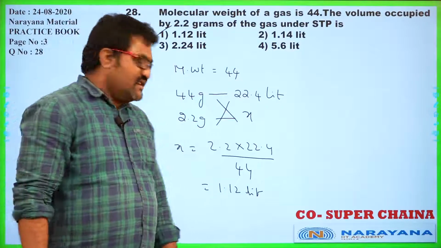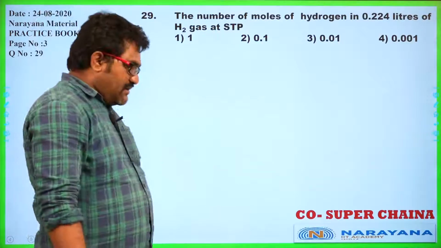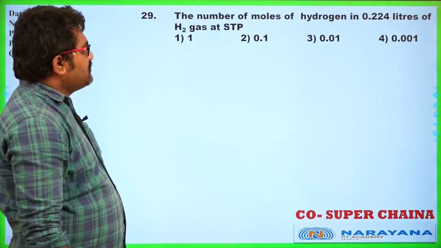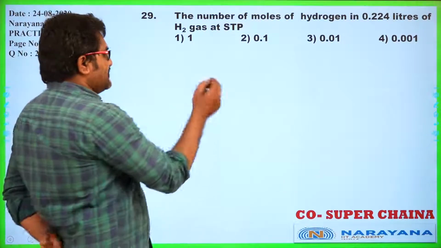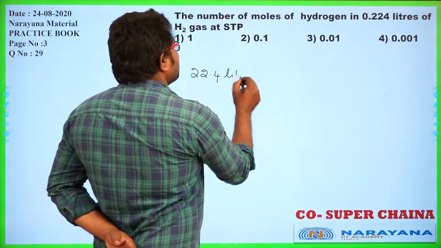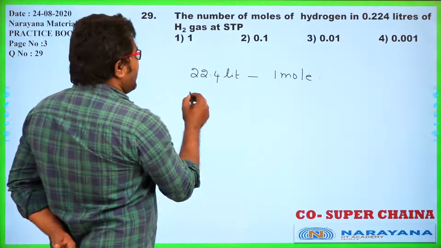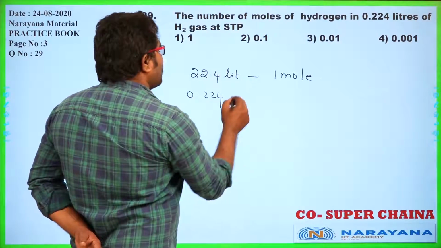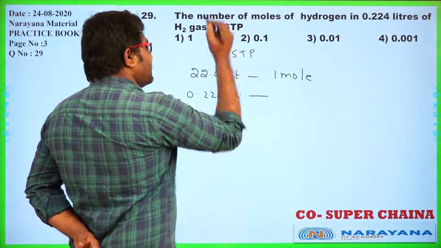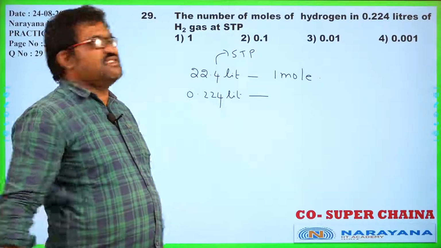Okay, let us go for the next question. What is the number of moles of hydrogen in 0.224 liters of H2 gas at STP? As we know, if you take 22.4 liters, then 1 mole of substance is present. Now if you take only 0.224 liters at STP, these volumes are all measured at STP, standard temperature and pressure, so temperature is 273 Kelvin and pressure is 1 atm.